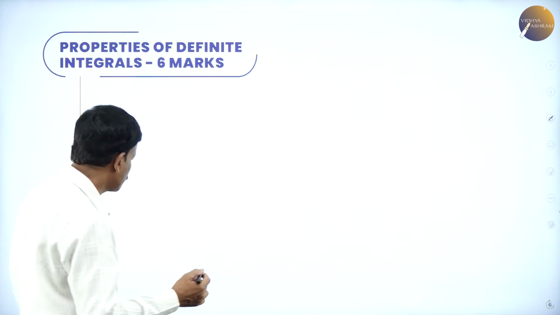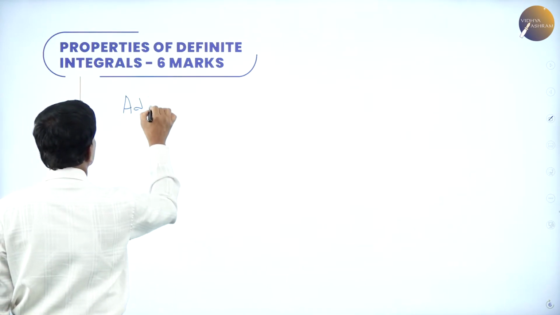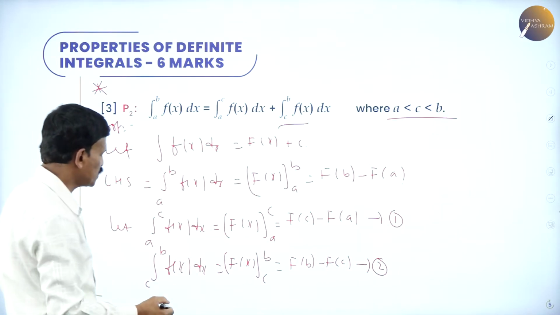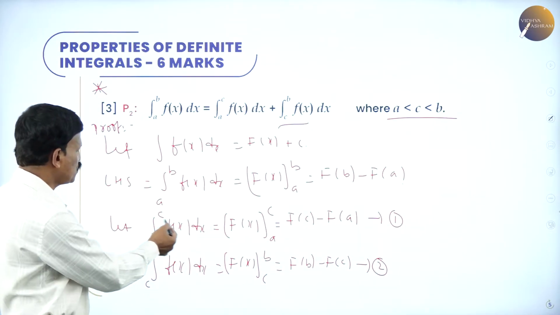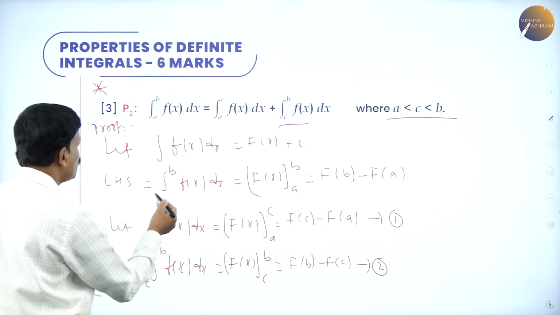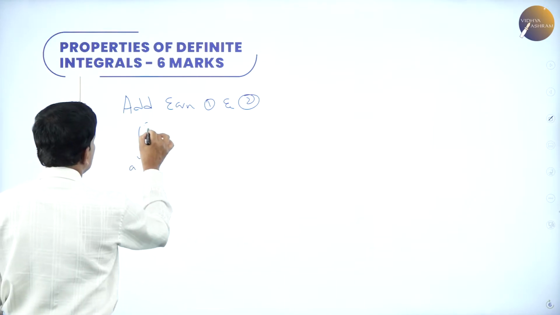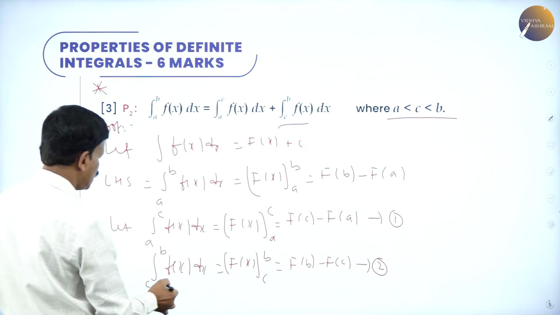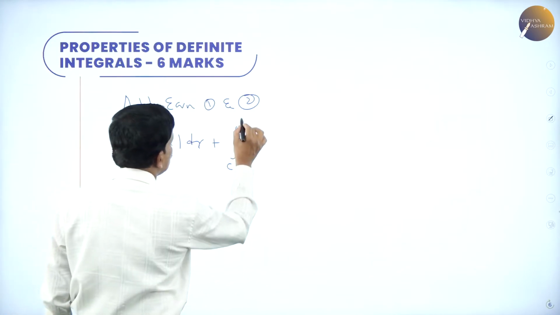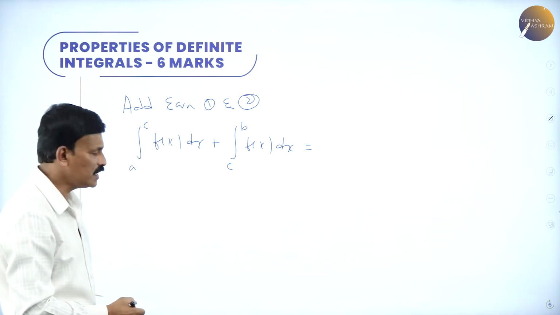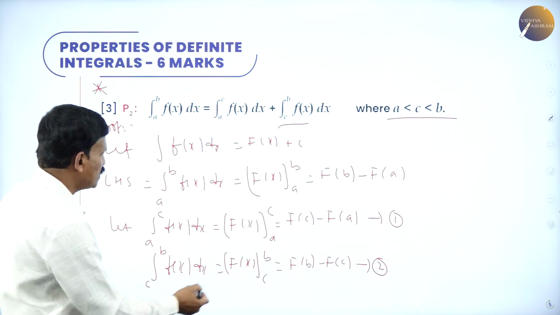Now, adding equations 1 and 2. What are the equations? In the left hand side, we have integral a to c f of x dx plus integral c to b f of x dx. What is there in the right hand side?